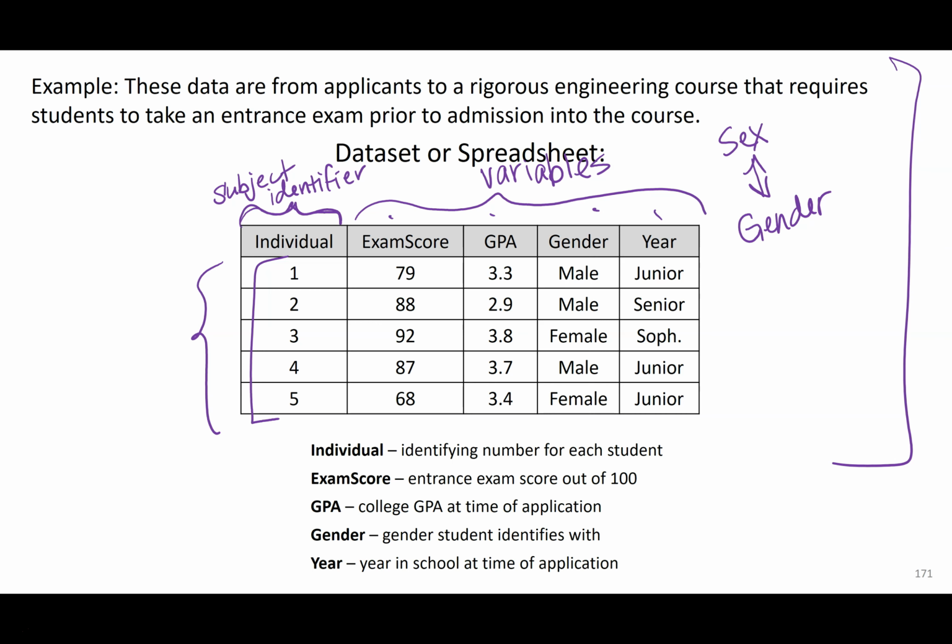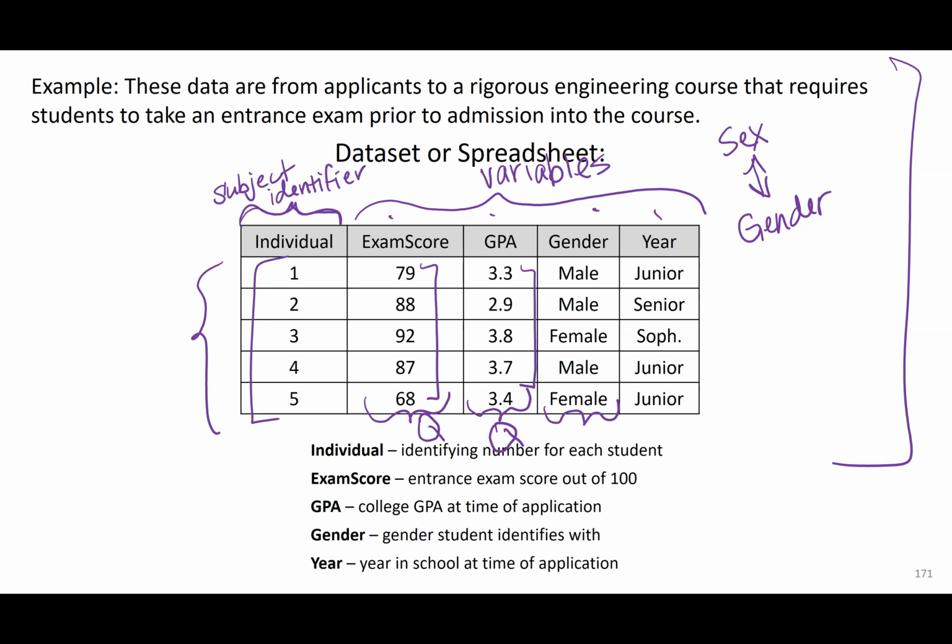If I wanted to break down these variables, look at exam score: it's numeric, and it would make sense to take an average, so this will be a quantitative variable. Then I have GPA, which is numeric as well, and it would make sense to take an average GPA, so that'll also be quantitative.